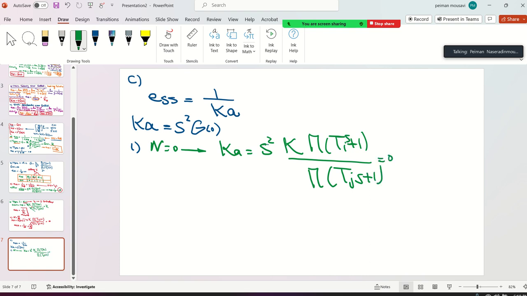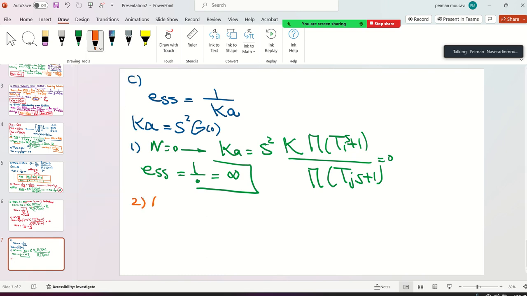So e_ss is going to be 1 over 0. Oh, an unbounded error signal is not good. I'm talking about any system, any order, generally.